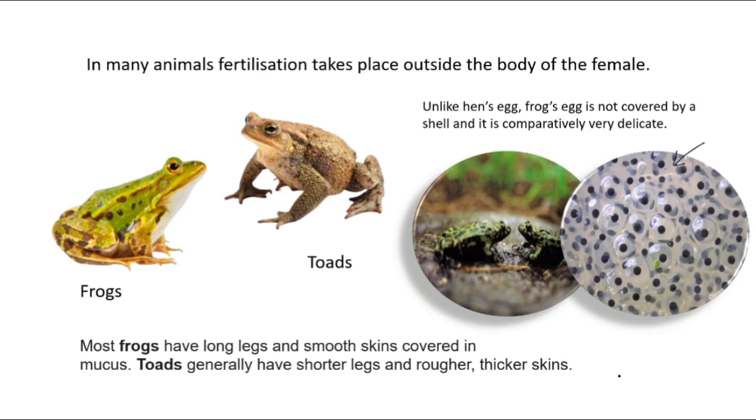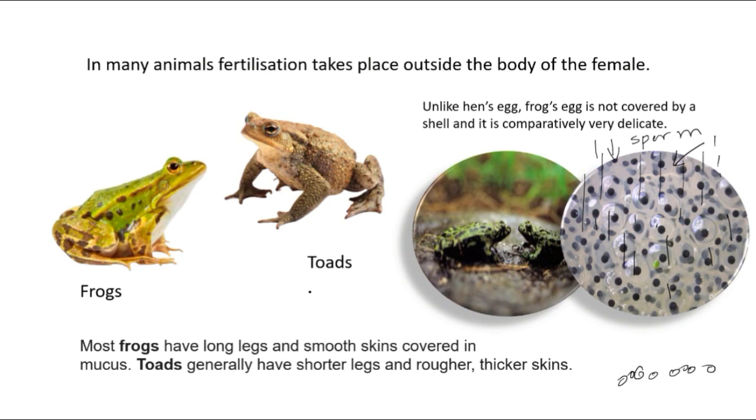Now an interesting thing will happen. The moment the female lays all the eggs in water, the male goes over them and drops sperm. Now it's a chance that in whichever egg a sperm goes and gets fused, the fertilization happens.